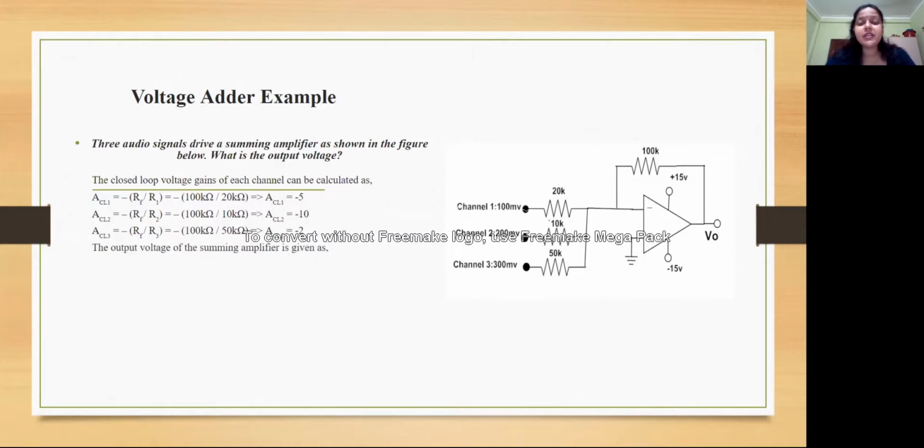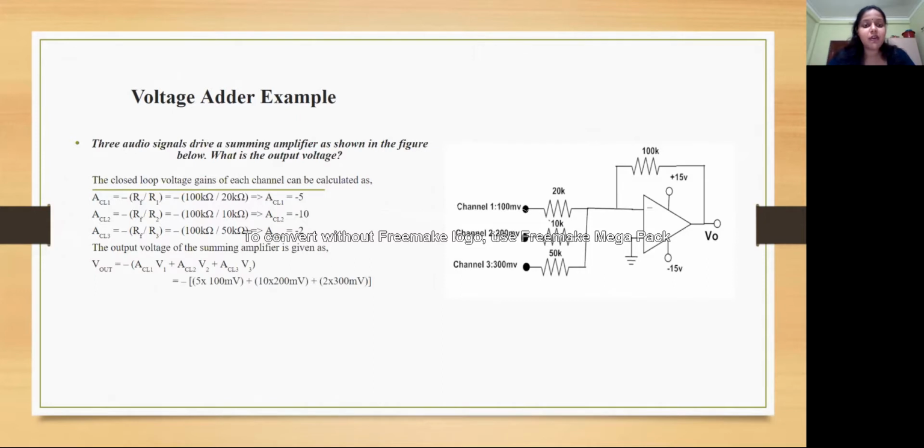Now what will be the output voltage? The output voltage will be the summation of these three input voltages multiplied by their individual gains. So this is the equation of the output voltage, you can also write it down. It is gain of channel 1 into voltage 1 plus gain of channel 2 into voltage 2 plus gain of channel 3 into voltage 3 in a bracket, and before that a minus, which implies that this is an inverting amplifier.